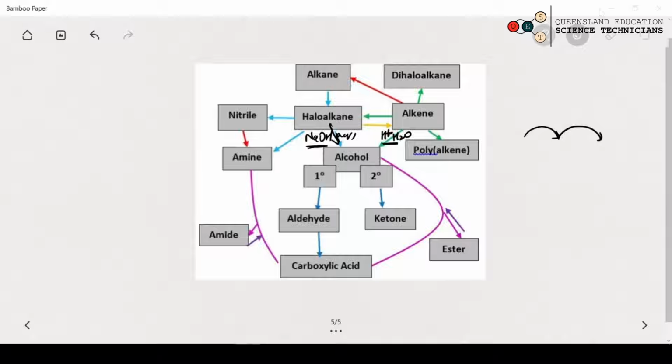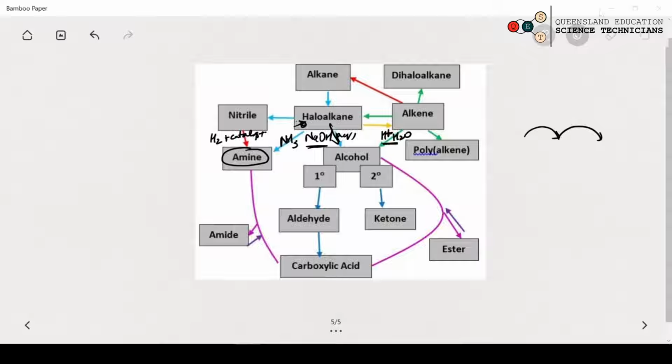The same thing with an amine. An amine can have come from a nitrile or it can have come from a haloalkane. So if you were told that it was combined with ammonia, or if you were told that it had hydrogen plus a catalyst, so looking at what the reactants were, if it's an amine that had ammonia in the reactant, it's come from the haloalkane.